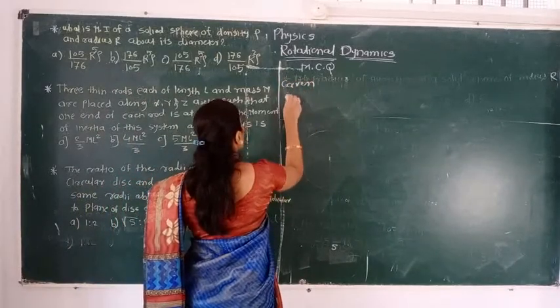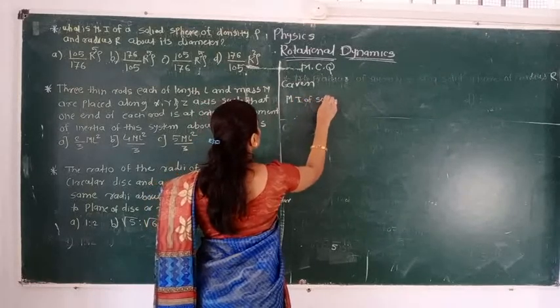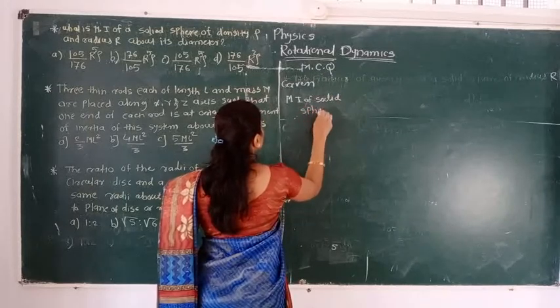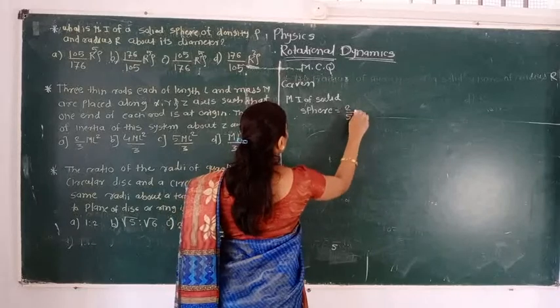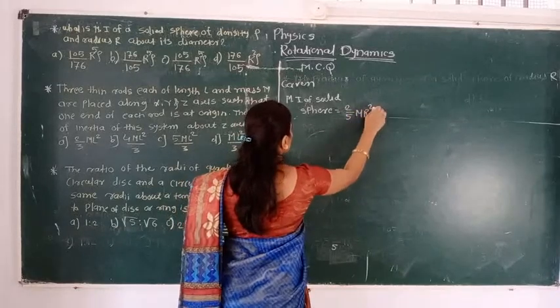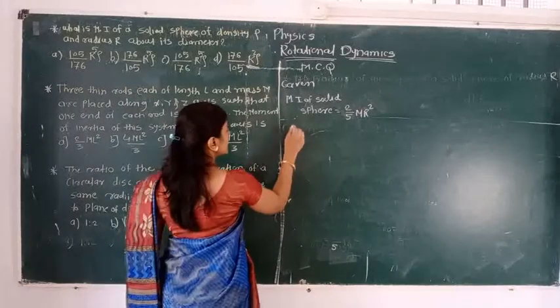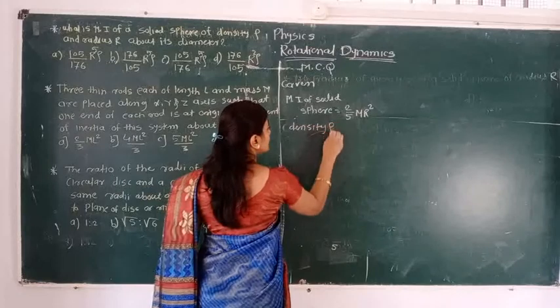So we know the basic formula of moment of inertia of a solid sphere. It is 2 by 5 m r square. Here density is given to us. Density is rho.